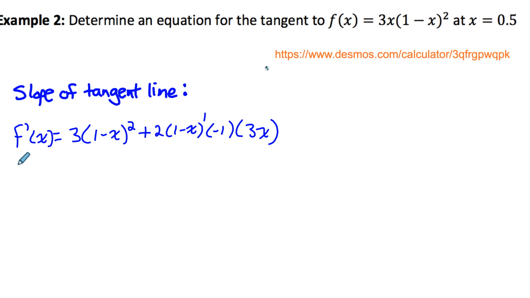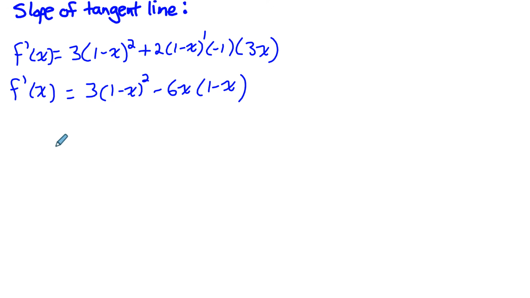So this is an unsimplified version of the derivative. Now, I actually don't need a simplified version of this because I'm only interested in what's the value of this when x is a half. Well, I'll simplify it a little bit. I have 2 times -1 times 3x, that's -6x. I can just write -6x times 1 minus x. And if I wanted to, I could do some common factoring to get it into factored form. We don't have to, but just to practice, why not?